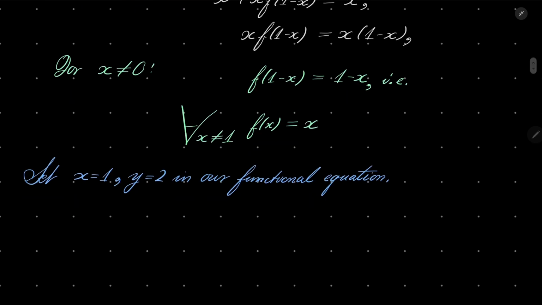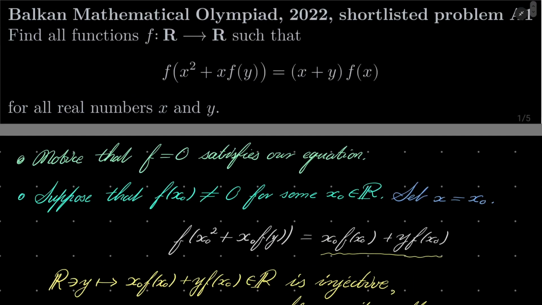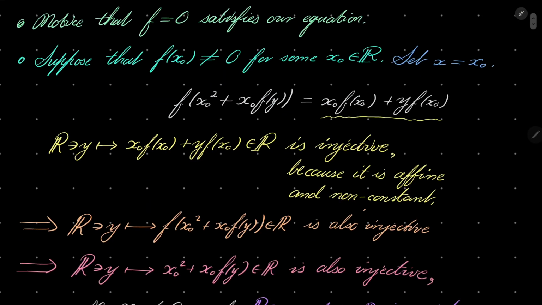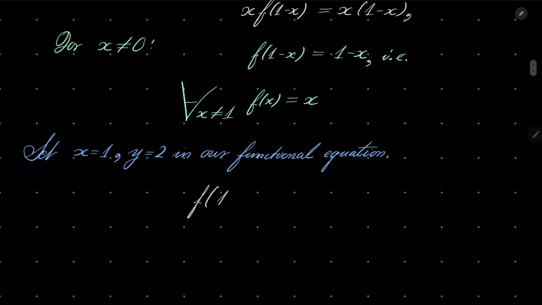Let's look at our equation, where x is 1 and y is 2. So we have f of 1 plus f of 2 equals 3 times f of 1.